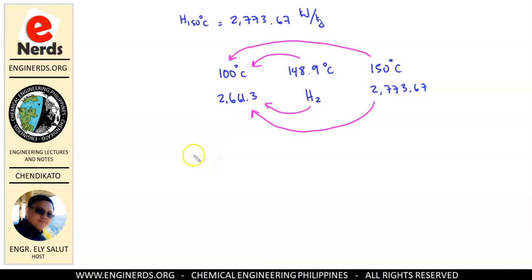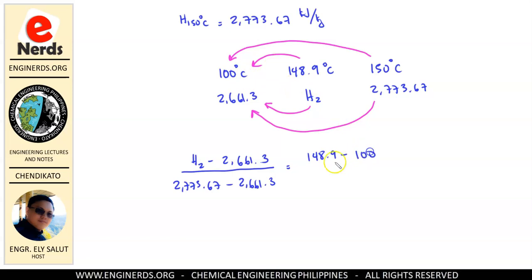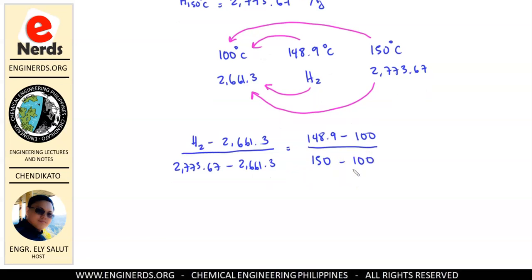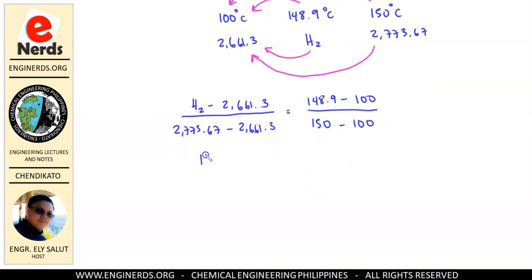So our H2 minus 2661.3 over 2773.67 minus 2661.3, and this is equal to 148.9 minus 100 divided by 150 minus 100. Okay, so now we can get the value of H2.